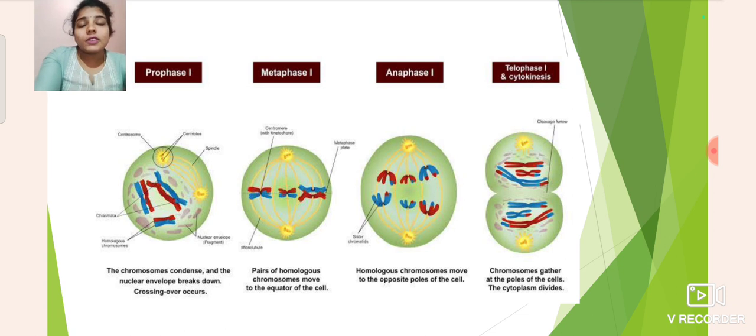Next we'll move on to pachytene. Each homologous chromosome pair forms a bivalent.